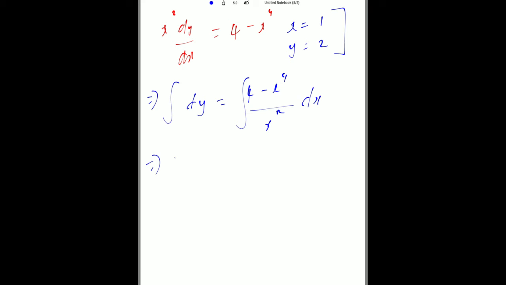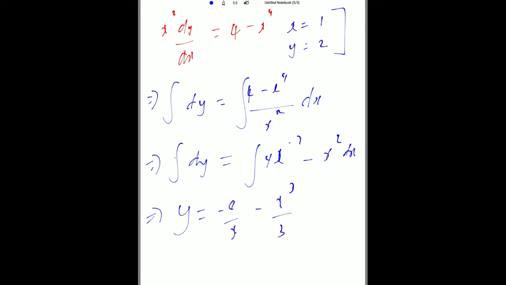That leaves us with the integral with respect to y being equal to the integral of 4x to the negative 2 minus x squared with respect to x. So what does that suggest? That suggests that y would be equal to negative 4 over x minus x cubed over 3 plus c.